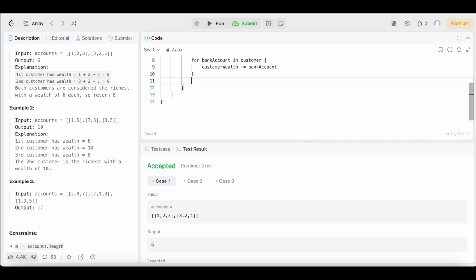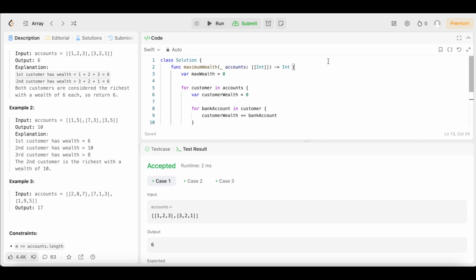So we're going to say max wealth equals max, then open up the parentheses, say max wealth, comma, customer wealth. And whichever one is higher is the one that's going to be returned. And then we are going to come down here one more time and say return max wealth, guys. And that should be all she wrote.